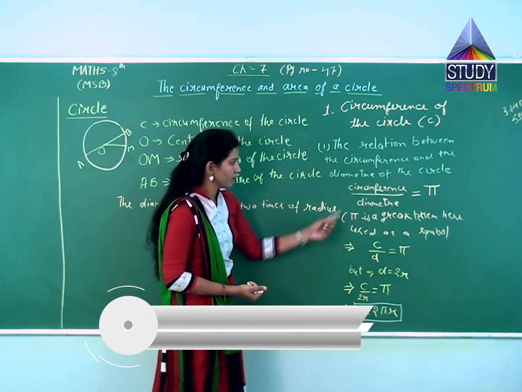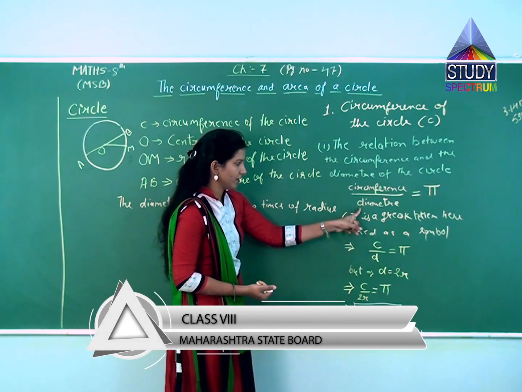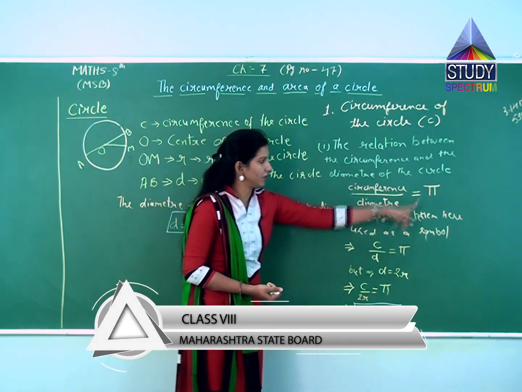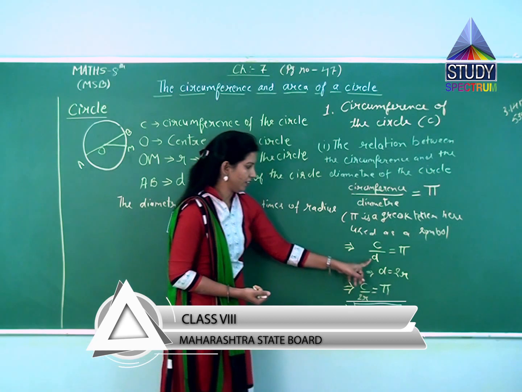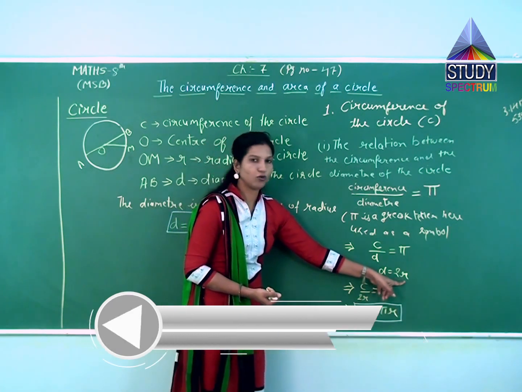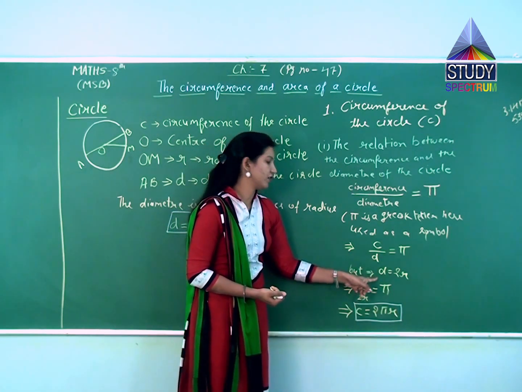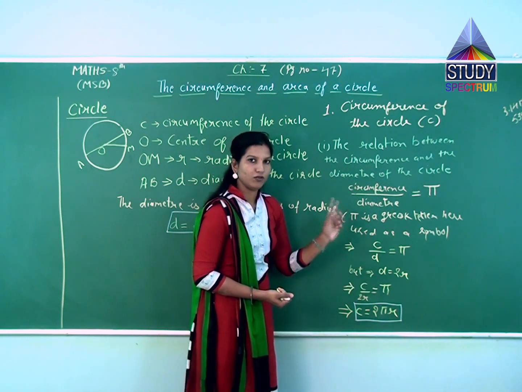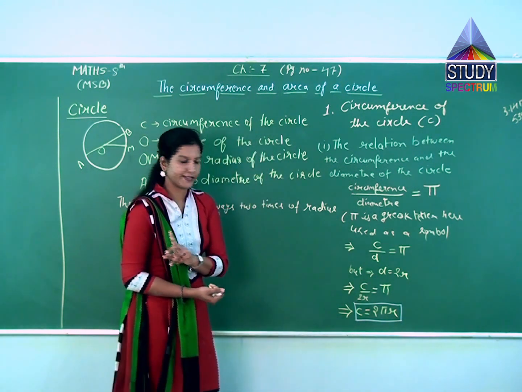So circumference C upon diameter D is equal to pi. But here D is equal to 2r, because the diameter of any circle is 2 times the radius of that circle.